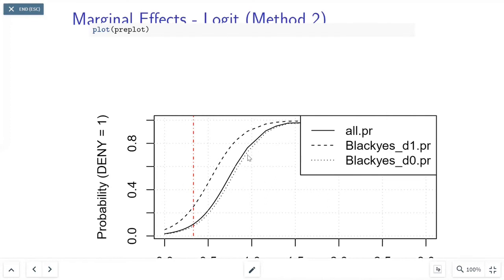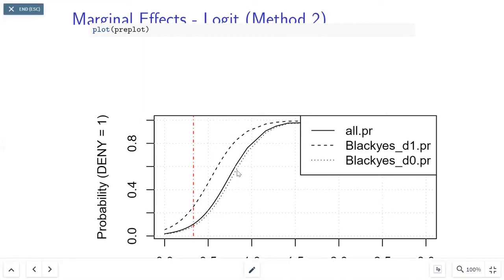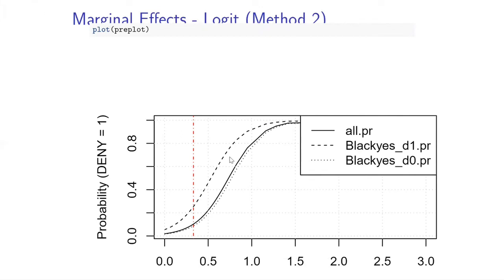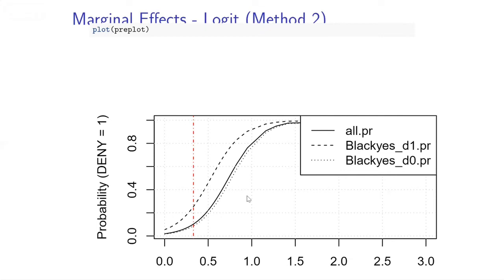And the dotted line at the bottom shows the probability of rejection when the black dummy is equal to 0. The difference between these two dotted lines shows that the effect of race on the probability of rejection is persistent across the x-axis. Like before, this plot provides evidence in favor of racial discrimination in mortgage applications.